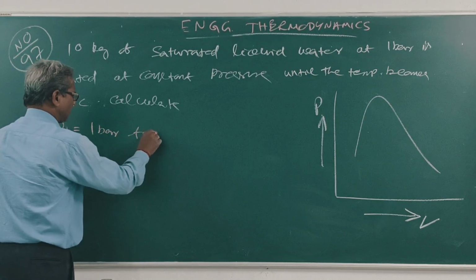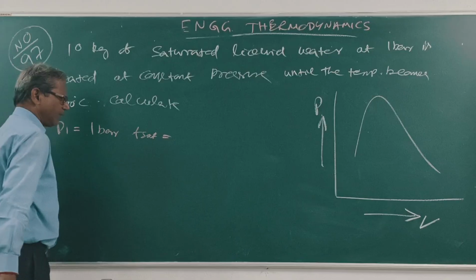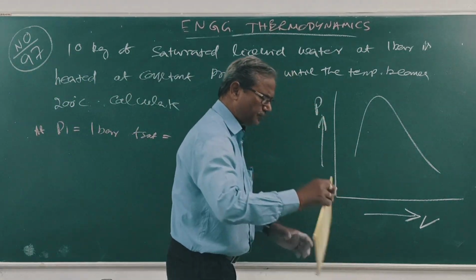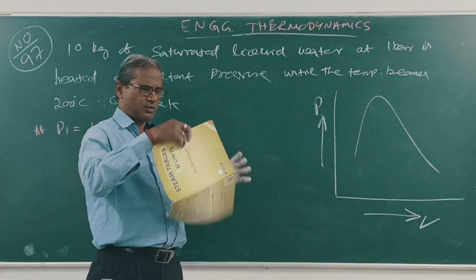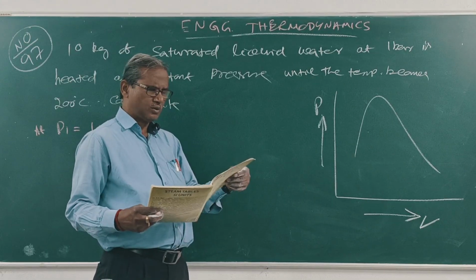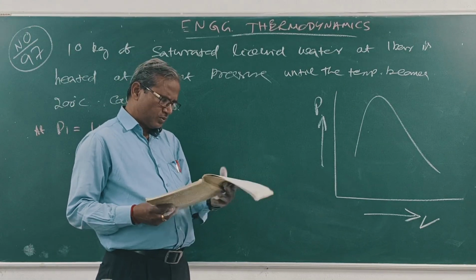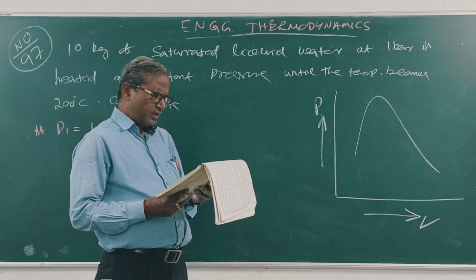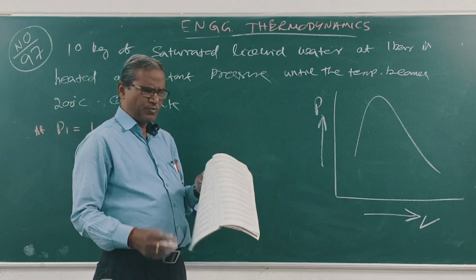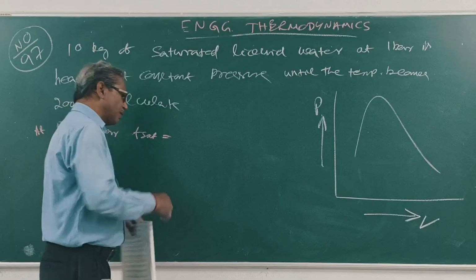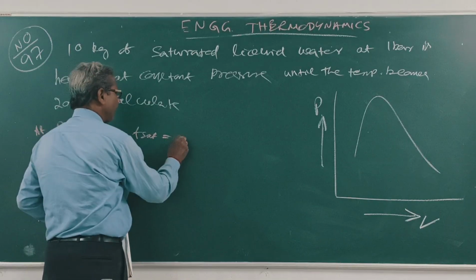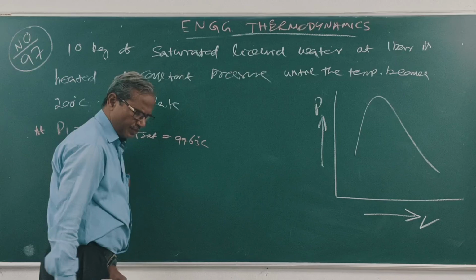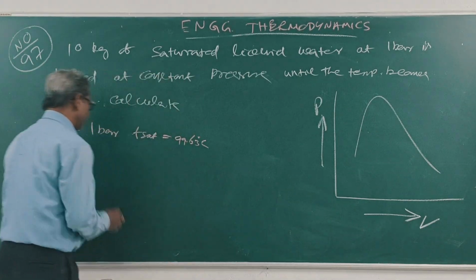At 1 bar, T saturated is 99.63 degree centigrade. Clear? This is P1.